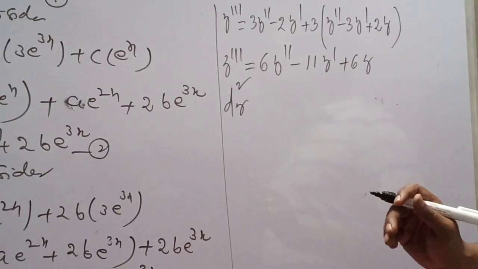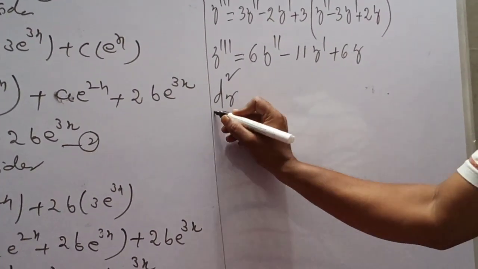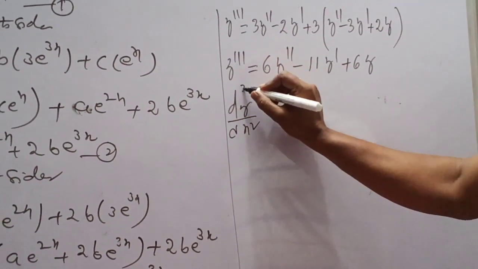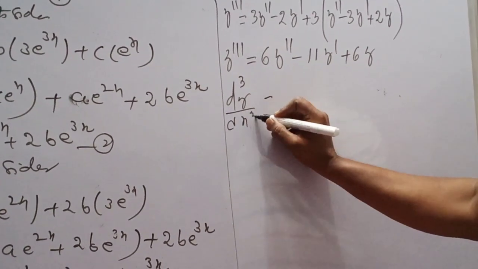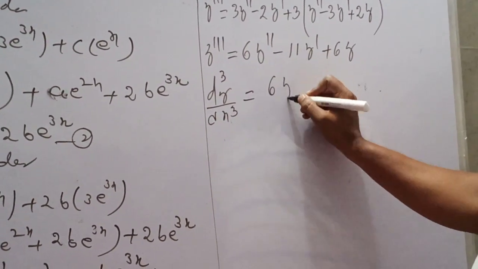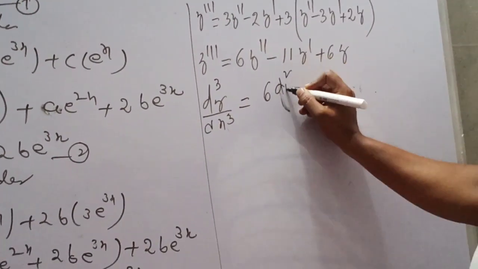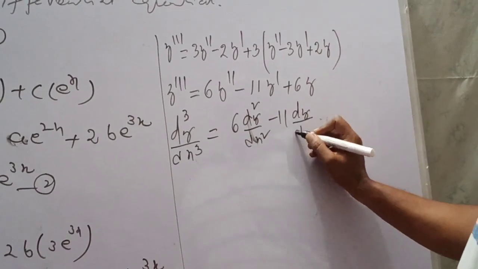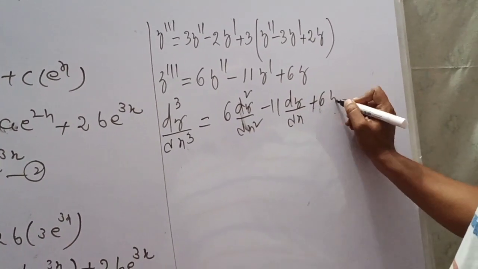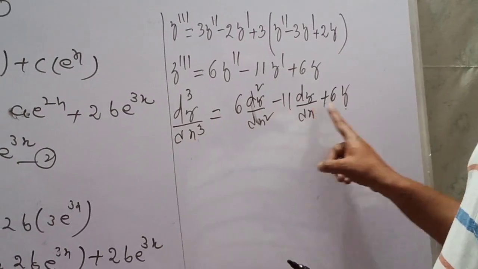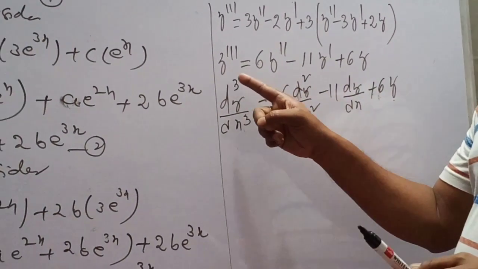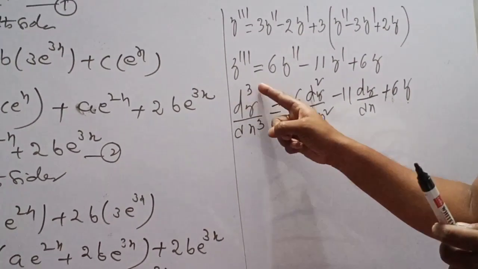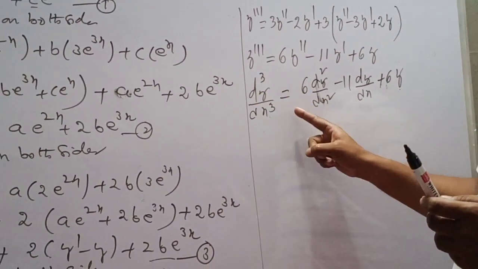This is d^3y/dx^3 equals 6 d^2y/dx^2 minus 11 dy/dx plus 6y. So it represents a third order differential equation of degree 1.